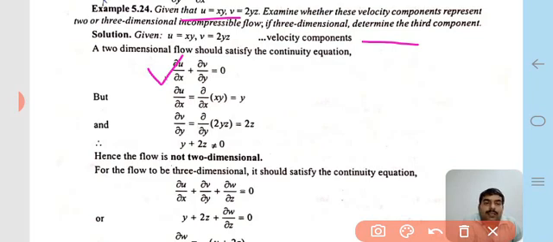Therefore, differentiating the velocity components with respect to x and y, because these both velocity components are along x direction and along y direction.